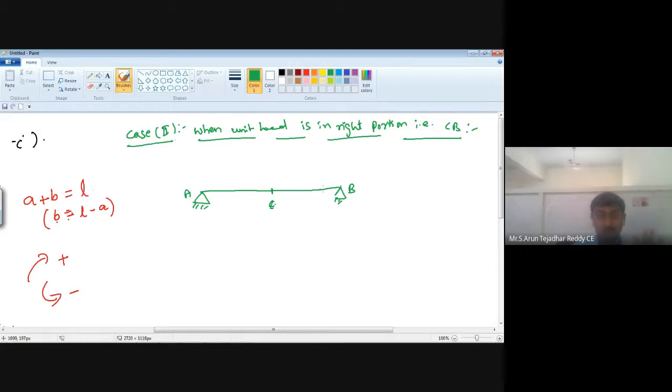Now read case number 2 once. See, in the first case our unit load was at this point.